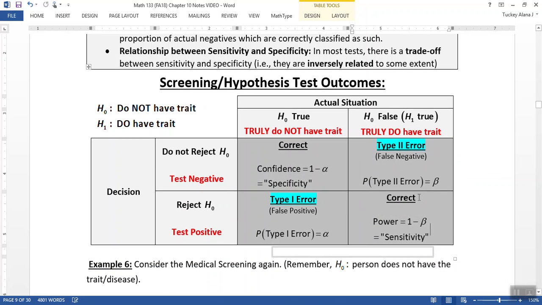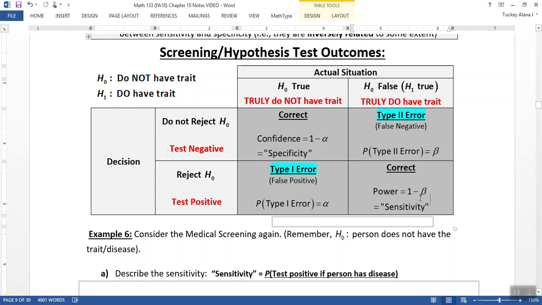Now you'll notice here that I give you a formula for it, and it's 1 minus beta. Because beta is the probability of making this type 2 error, 1 minus beta is the power of that test, also known as the sensitivity. Now you'll notice that means that these two cells here must add up to 100%, and they do, right? So if beta is 0.01, then power is 0.99, right? The sensitivity is 0.99.